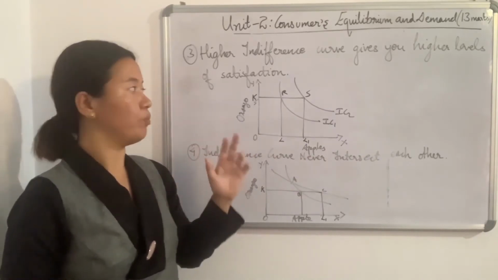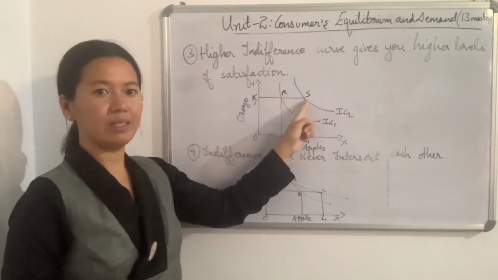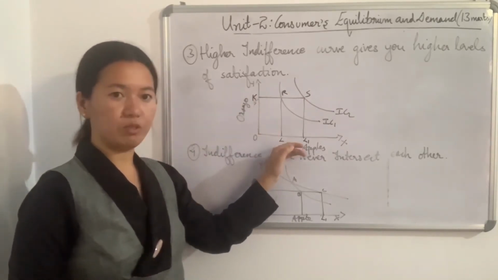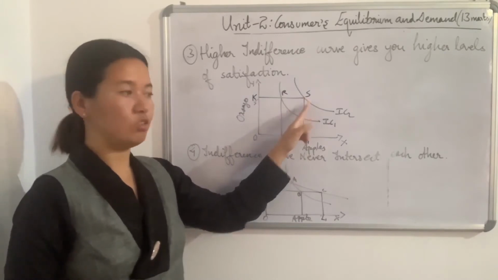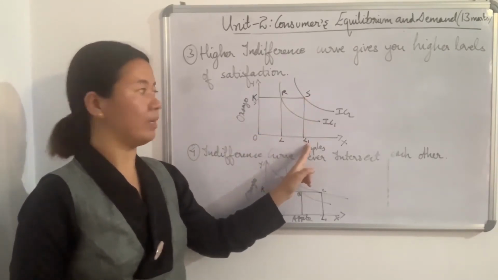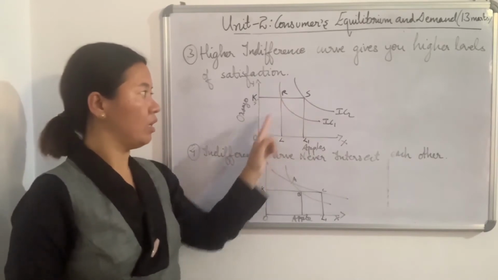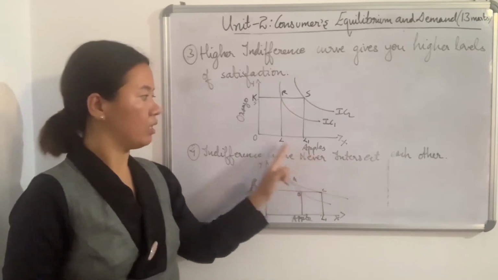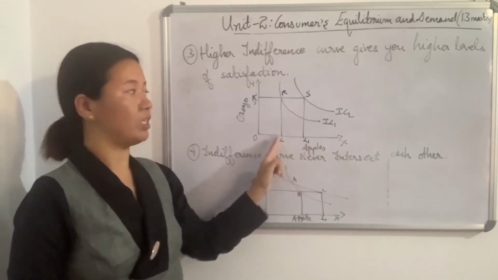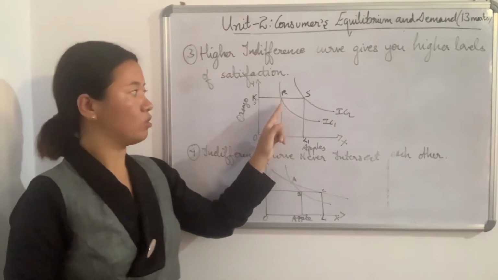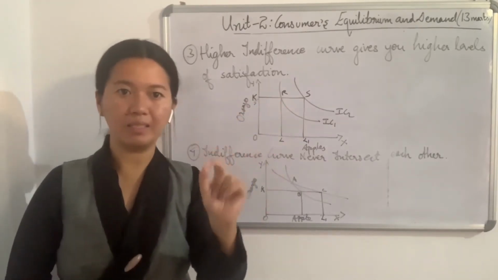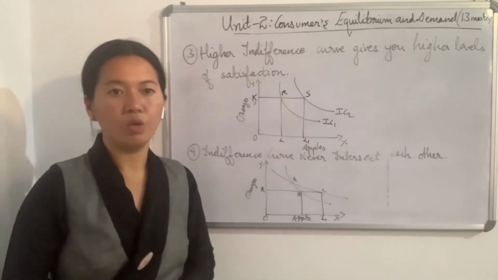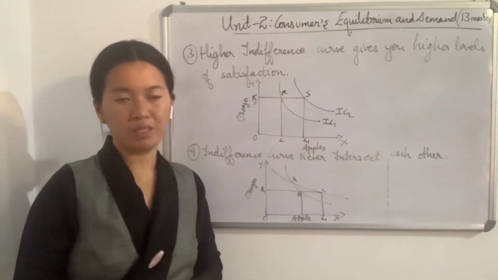We can see that on both these points, R and S, it consumes the same amount of oranges, that is OK. But when it comes to apples, point S consumes more apples than point R. It means that point S consumes OL1 amount of apples, which is greater than OL amount of apples at point R. So from R and S, we can conclude that point S consumes more apples, which means that it gets more satisfaction.